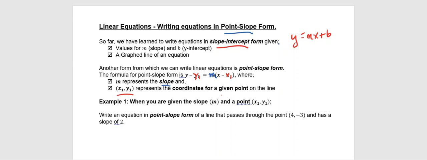Okay, so when we write an equation, one way of writing an equation in point slope form is to be provided the slope, m, and to be provided an ordered pair, which we will recognize as an x coordinate known as x1 within the formula, and a y coordinate known as y1 within the formula. And we will essentially have those three pieces of information to substitute in and to leave the equation as is.